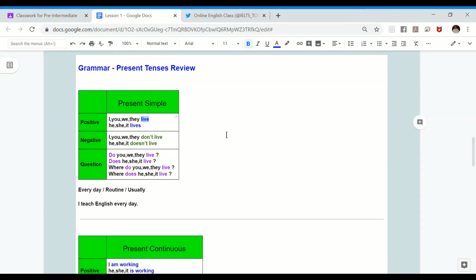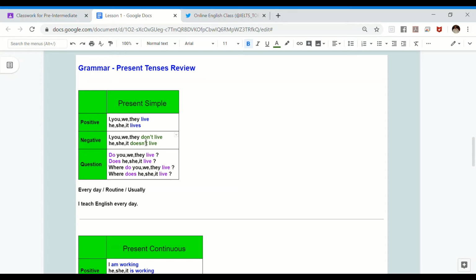But remember, with he and she and it, you need an S. So he lives in America. She lives in Australia. Okay. Then what about the negative?